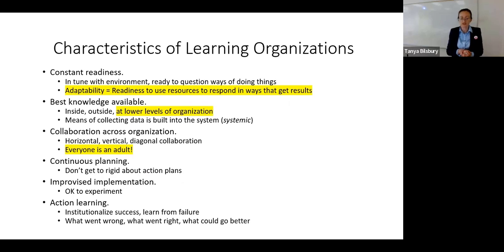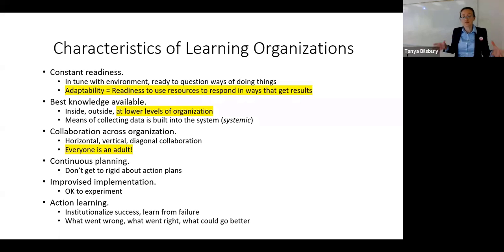What are the characteristics of learning organizations, organizations that have a culture that supports learning? One is constant readiness to learn. They need to be in tune with their environment and ready to question their way of doing things and change it.